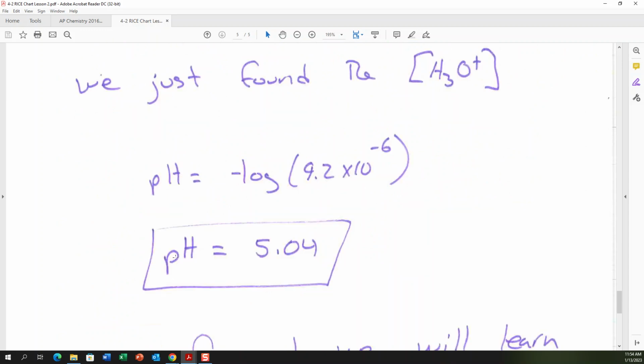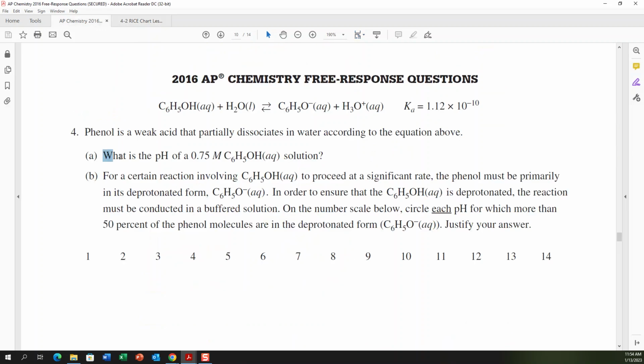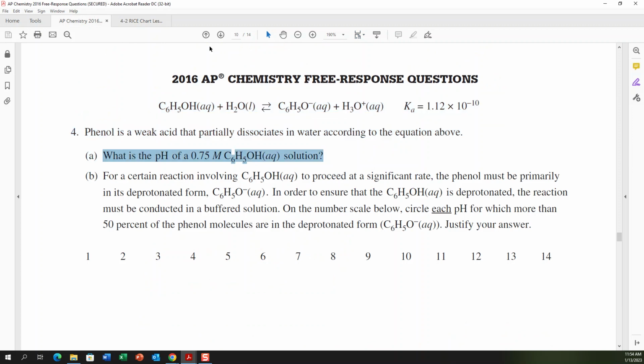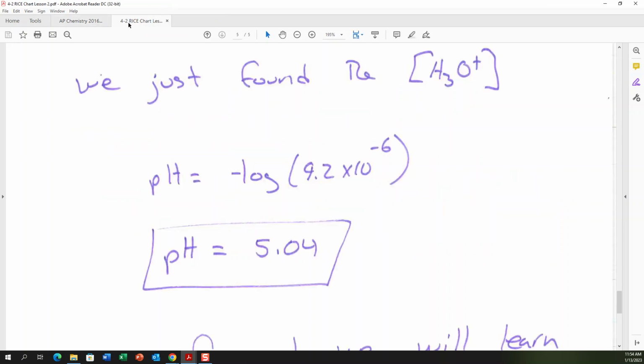That would be the pH of this solution. That's more of a Unit 5 question. We'll get there, but it's just equilibrium when it comes down to it.